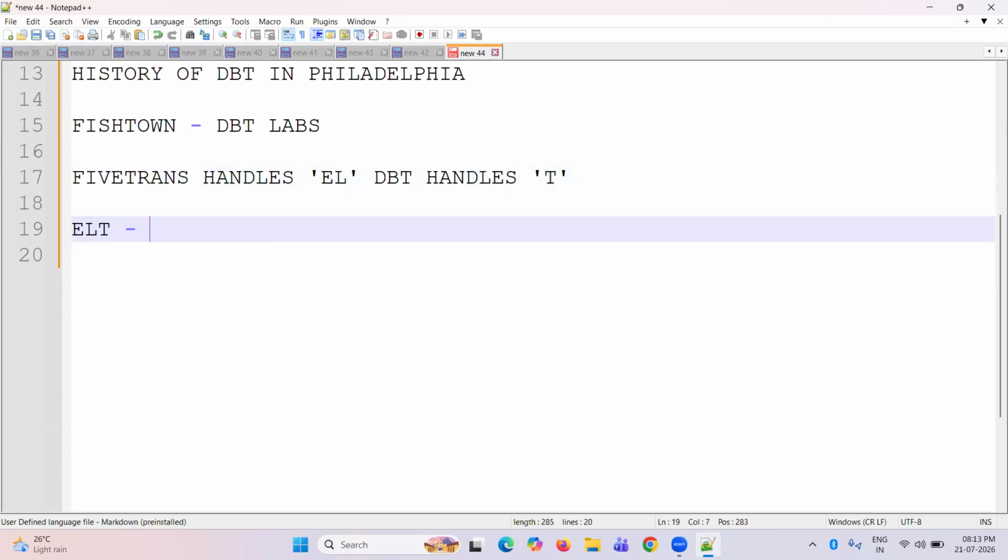ELT is extract, load, transformation. Together they cover the entire modern ELT pipeline.